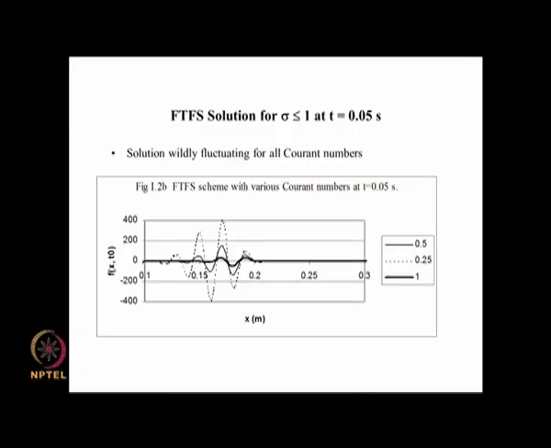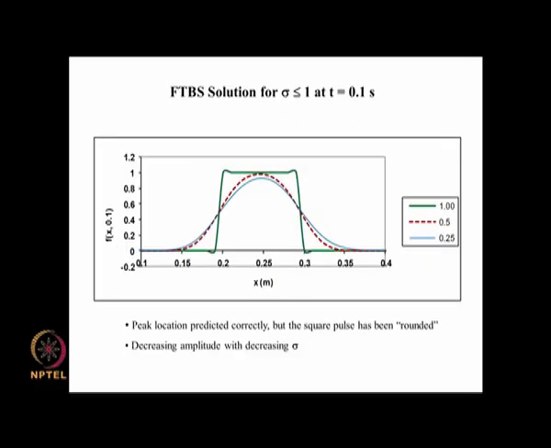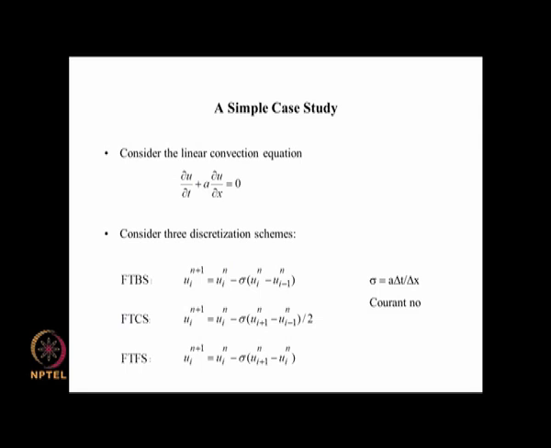So we are saying that, for example, in order to get a proper solution with the FTBS scheme or FTCS scheme or FTFS scheme, we need to have two conditions.